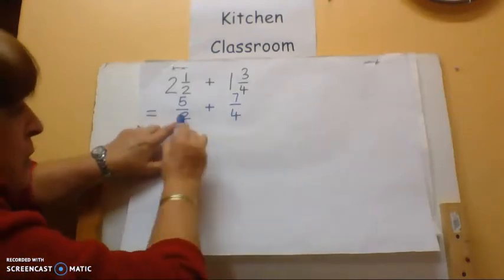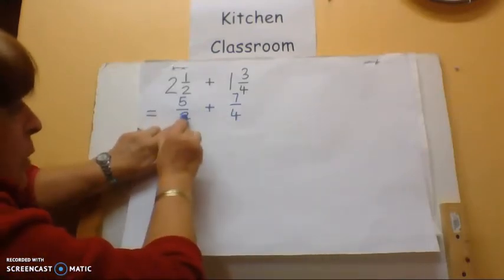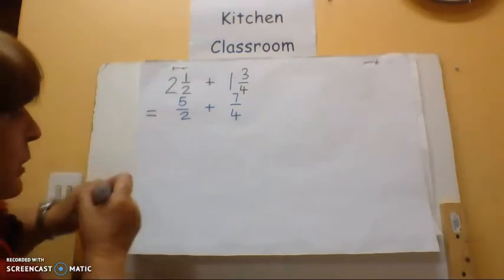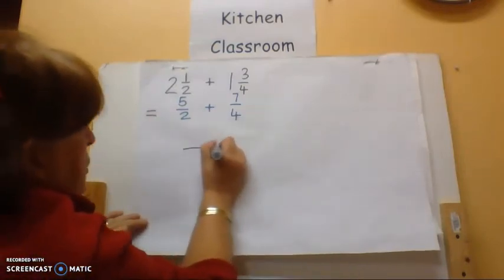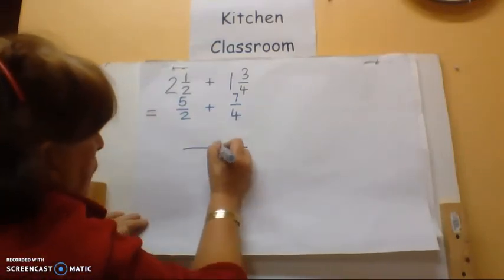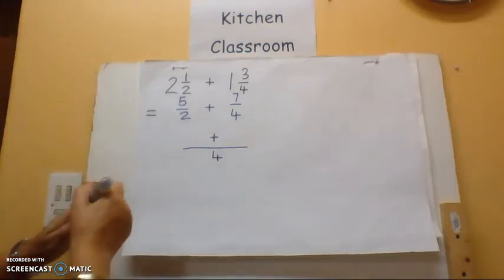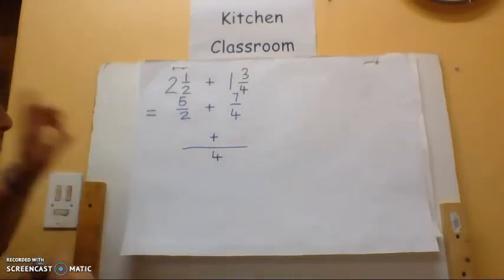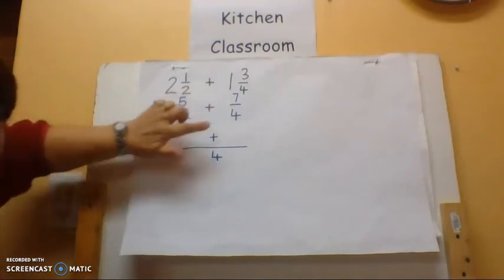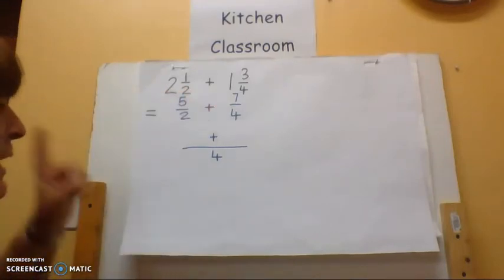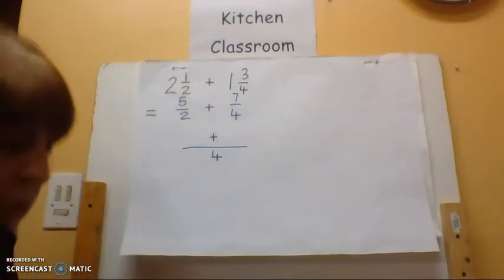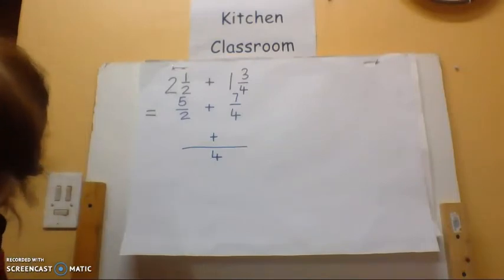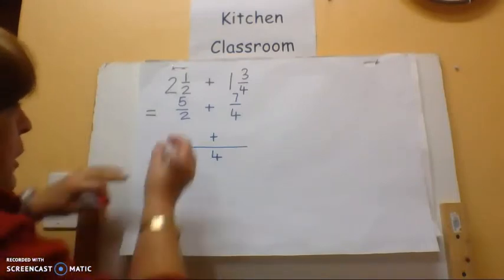If you look at the denominators, one is a multiple of the other, so I'm going to use the denominator of 4. My next step is to change both of those fractions into an equivalent fraction with the denominator of 4.